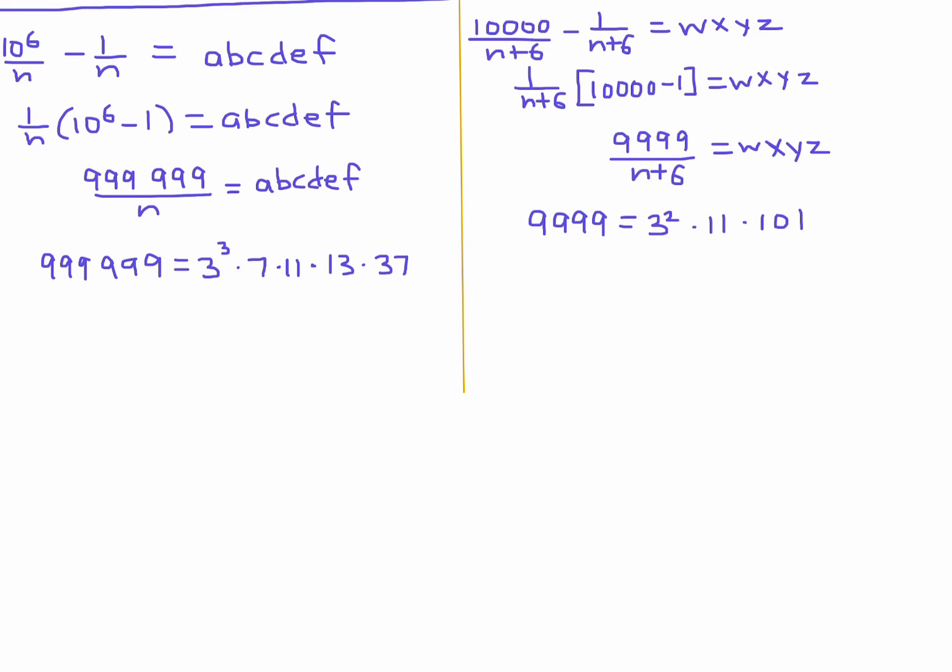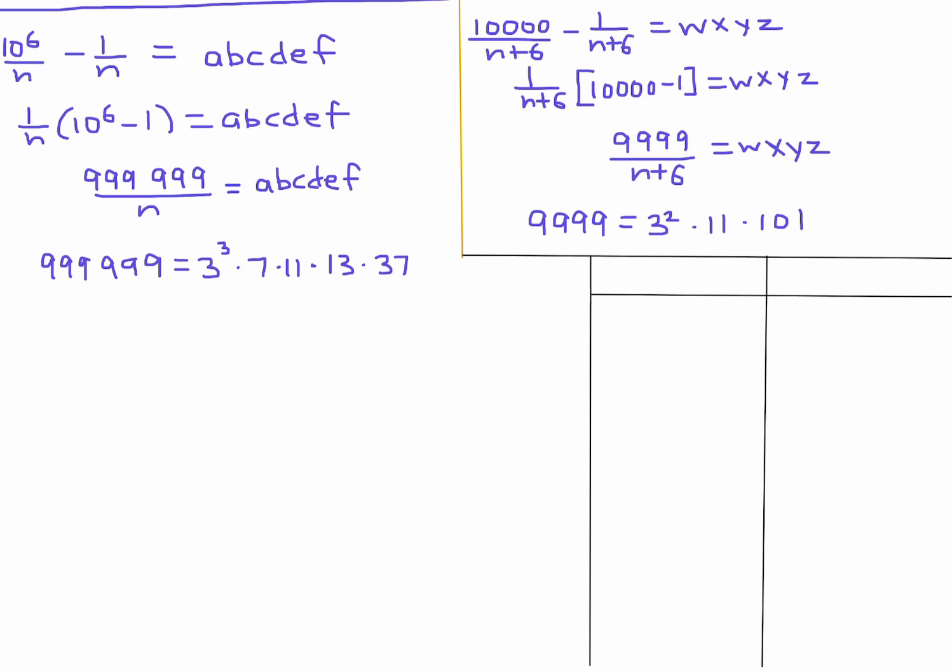So 3 times 2 times 2, 12 factors. There's not that many, so I'm going to list them all. Let's make a table and list all the factors of 9999. And of course, these numbers represent n plus 6.